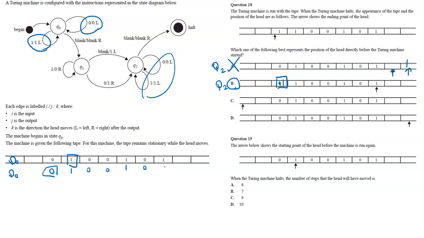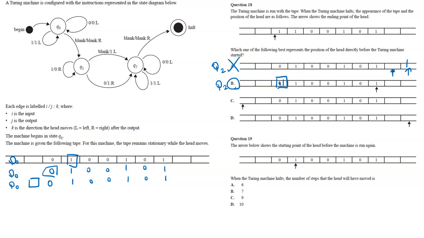It's a bit of a pain to keep rewriting this, but it's safer. We're at 0, so we stay in Q0, and we're now on that blank. 1, 0, 0, 1, 0, 1.